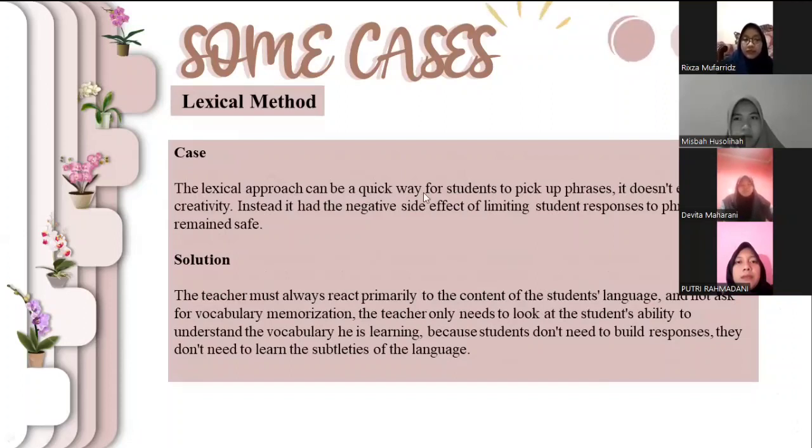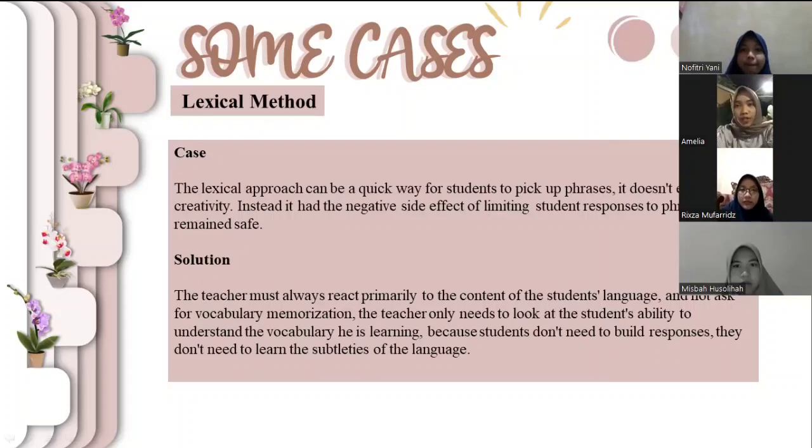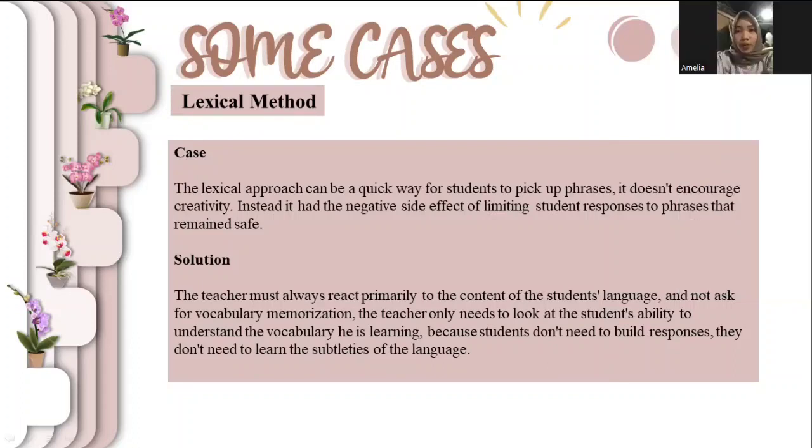Yes, the lexical approach. The lexical approach can be a quick way for students to pick up language, but perhaps it doesn't encourage creativity and interest, and it has the slight negative effect of limited student response. The solution: the teacher must always refer to the context of the student's language and not ask for vocabulary memorization.